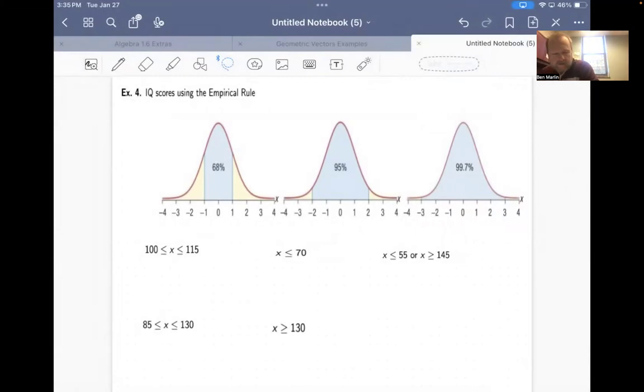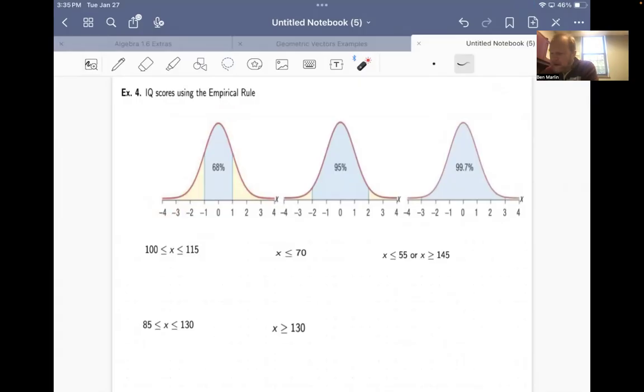So here we have something that's referred to as the empirical rule. The empirical rule is an observation about data which happens to be normally distributed. What do I mean by normally distributed? I mean that if you make one of those histograms with a lot of little bars, it will tend to have this sort of shape, tall in the middle, small on both ends, and roughly symmetrical.